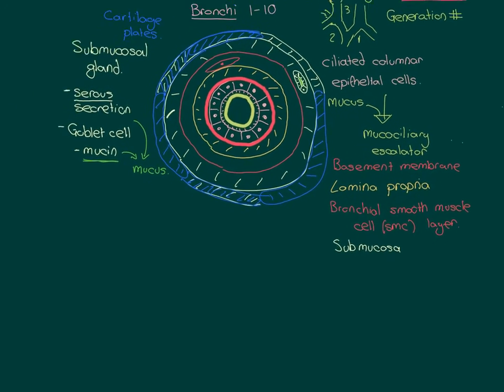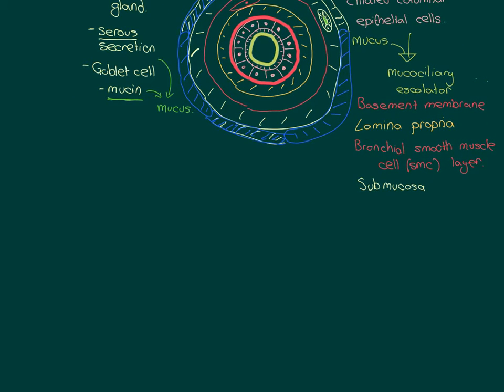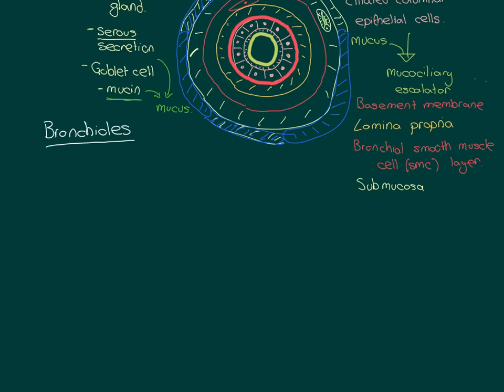So let's now talk about these. Next along is the bronchioles. Now, I'm not going to draw out a new separate picture for the bronchioles. I'm just going to again tell you what the difference between the bronchioles and the bronchi is. So we'll just use the picture that we've already got.